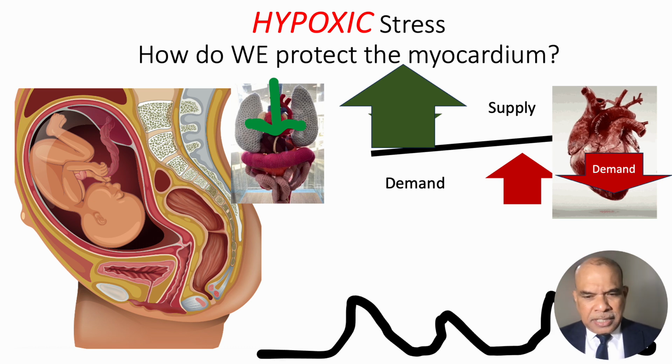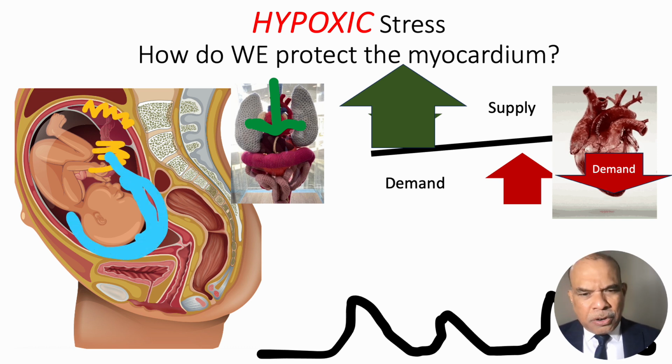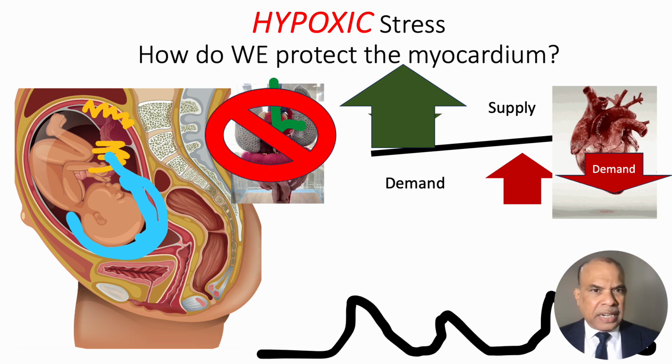But if you're a fetus, once contractions start and they are squeezing your placental blood supply as well as umbilical cord, you are unable to increase your rate and depth of respiration simply because you are immersed in a pool of amniotic fluid. And therefore, we need to find different ways of dealing with this.